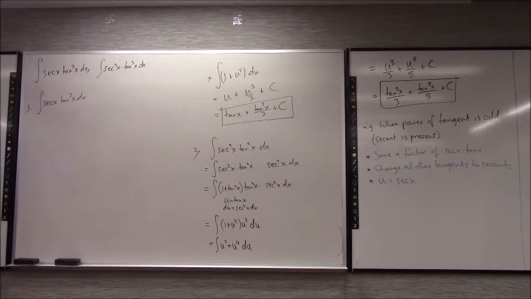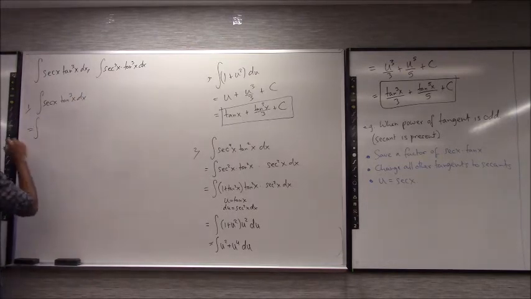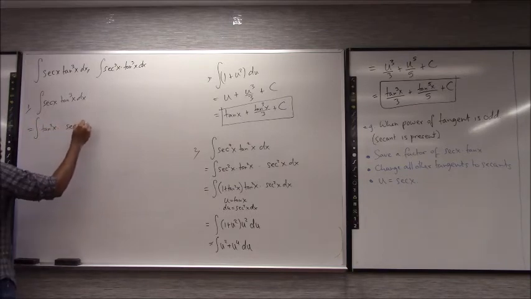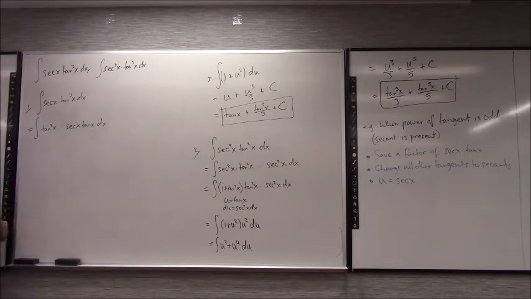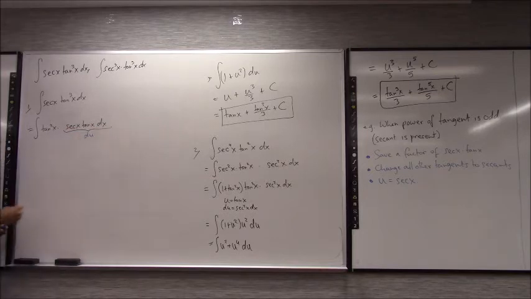So here you have secants and tangents, and the power of tangent is odd. So what we do is, I'm going to leave a tangent squared right here, and then I'm going to factor off a secant x tangent x. And that's going to be my du. The idea now is once you factor off an odd power of tangent, you'll have an even power left, so you can use the Pythagorean identity.